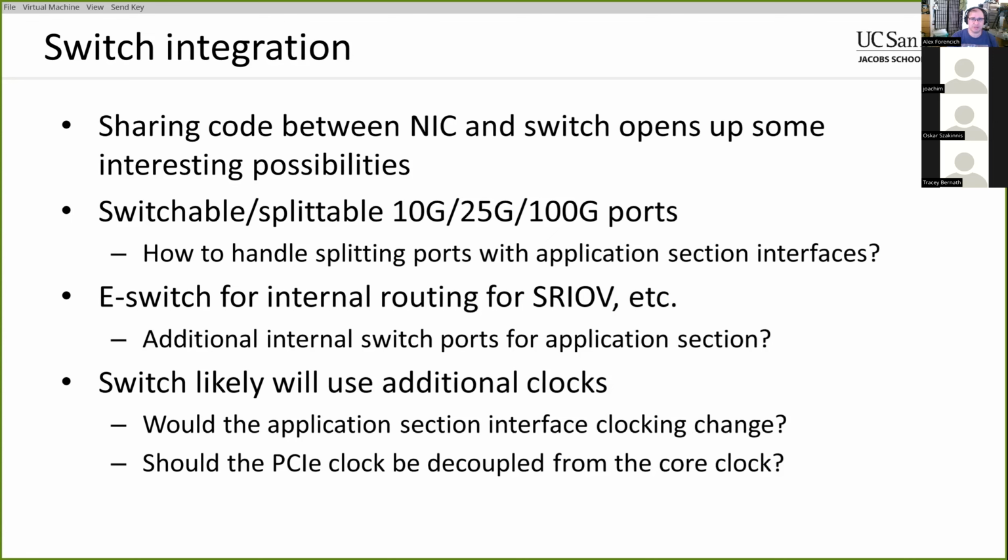What are we doing with the MAC level AXI stream interfaces at the application section? Are we actually going to provide two sets, one for 100 gig, one for 25 gig? Are we just going to have one set that's basically the 100 gig interfaces, but that will carry the aggregate data across the multiple internal ports for 25 gig? Not sure.